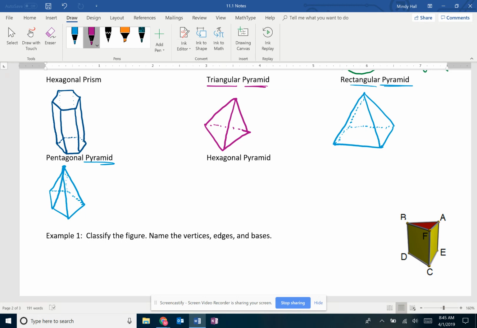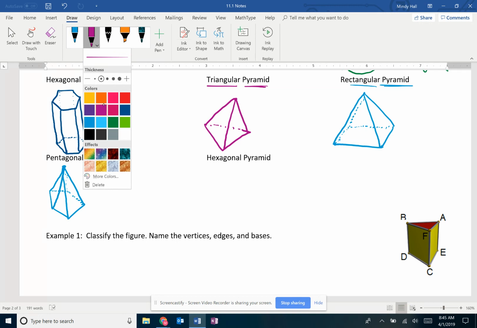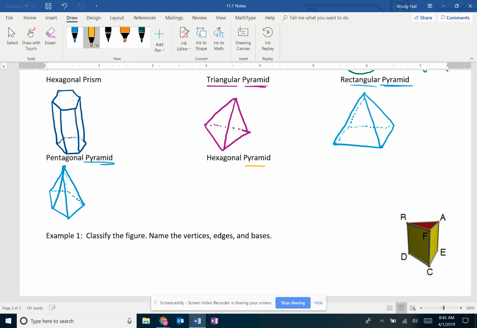For a hexagonal pyramid, we are going to have a hexagon, and we're going to have a pyramid, so it meets at a point. So we have our hexagon, 1, 2, 3, 4, 5, 6. And meeting at a point, we're just going to draw it up there.